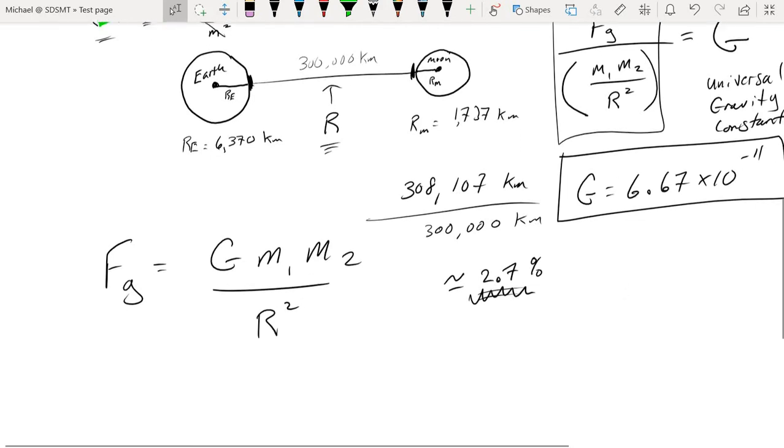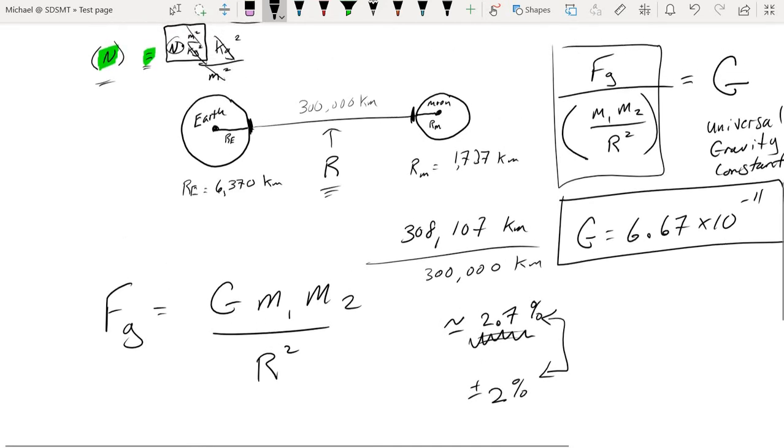Having an error of about 3% may not be that big of a deal, except if you haven't noticed yet in your homework, usually the error that is allowed in most of your homework problems is about plus or minus 2%. And so, well, that's not going to work for us.